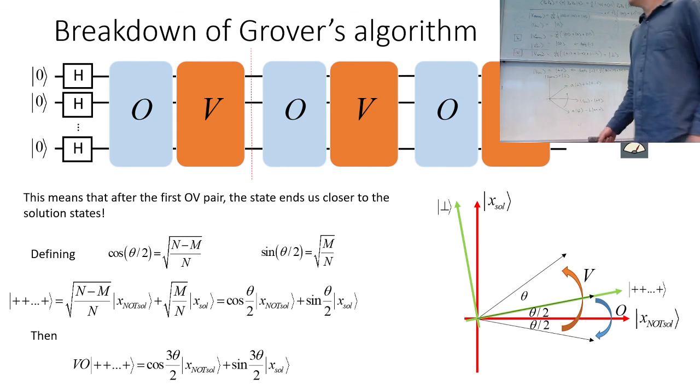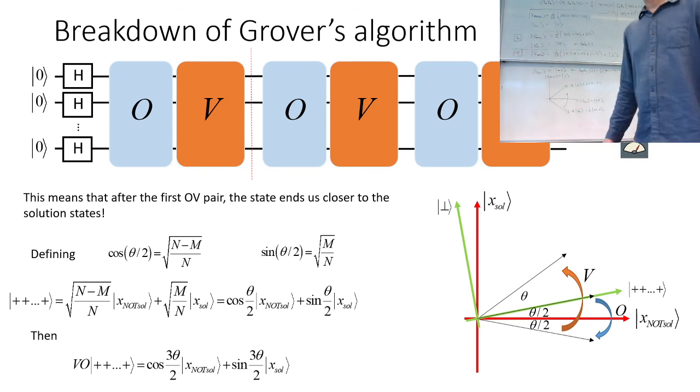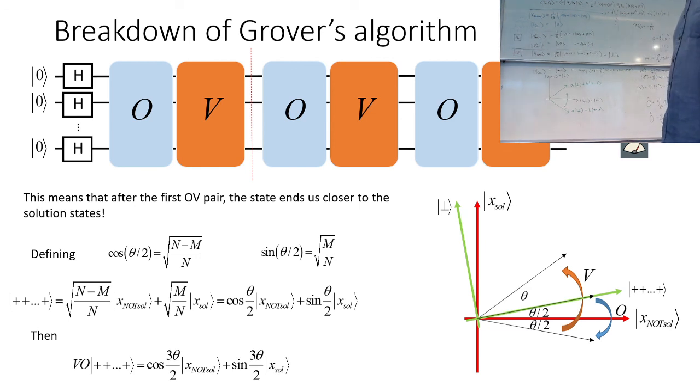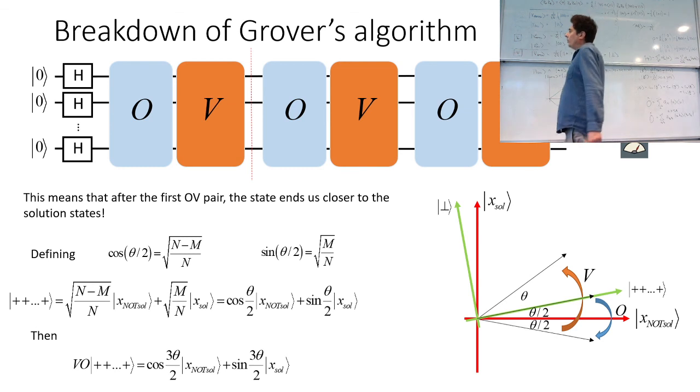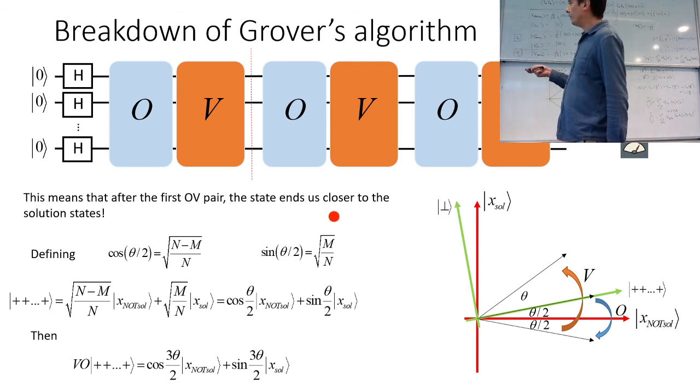So we need to repeat it a certain number of times. We can actually calculate the number of repetitions, if you know this angle. So here's a formula for the angle. m is the number of solutions, and n is the total dimension of the space.